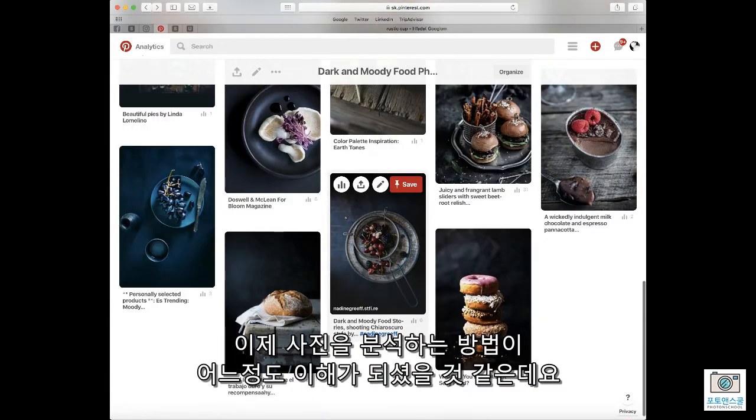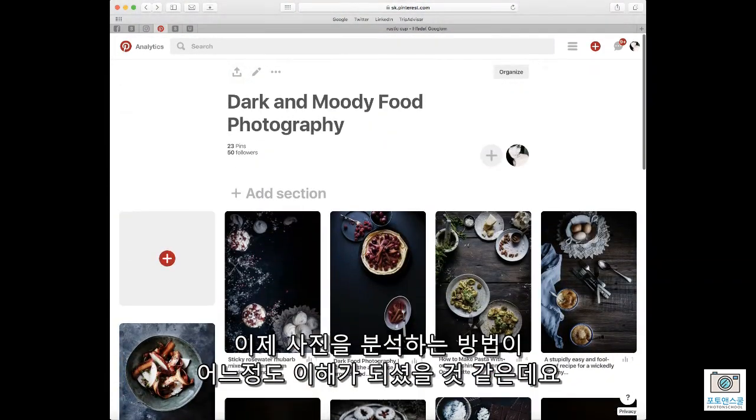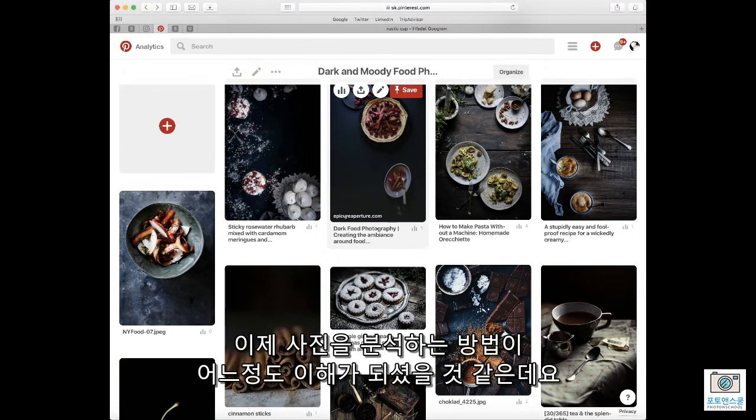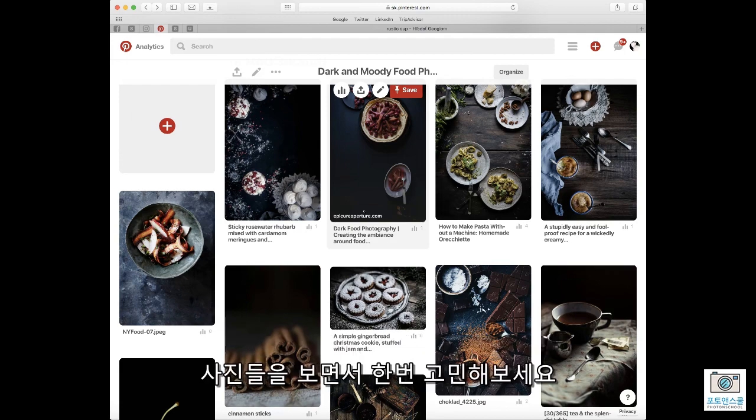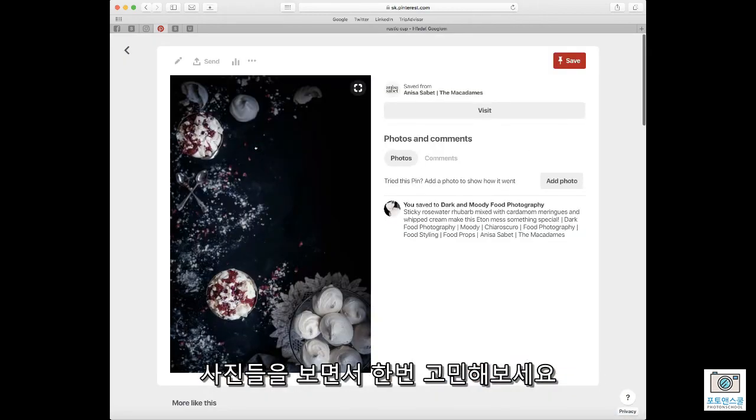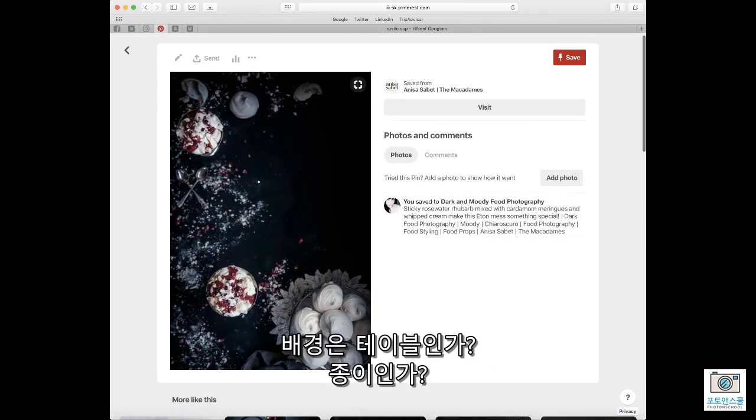I hope that you now have an understanding of analyzing pictures. So I recommend you make a board like this. You will see in the next video how to do that. But you will need to go through some pictures and just look at them. Look at the background, what it might be.